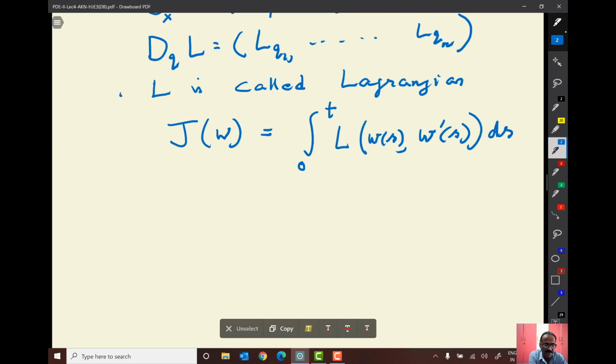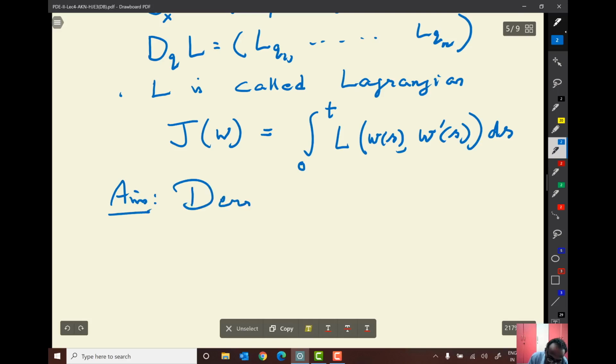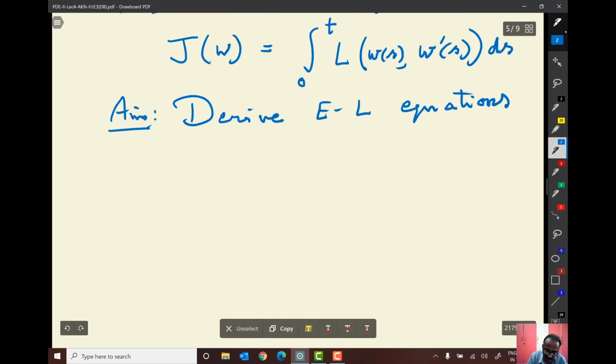As you know, the aim is to derive the Euler-Lagrange equations. So what is the problem?